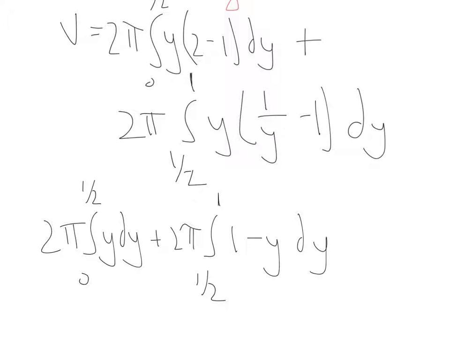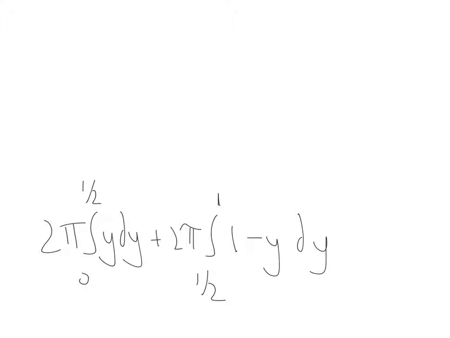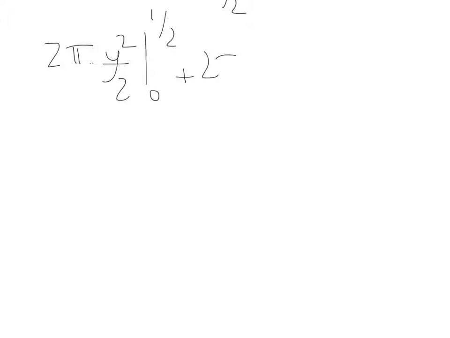And now we're ready to integrate. So we'll have 2 pi times y squared over 2 evaluated from 0 to 1/2, plus 2 pi times y minus y squared over 2 evaluated from 1/2 to 1.